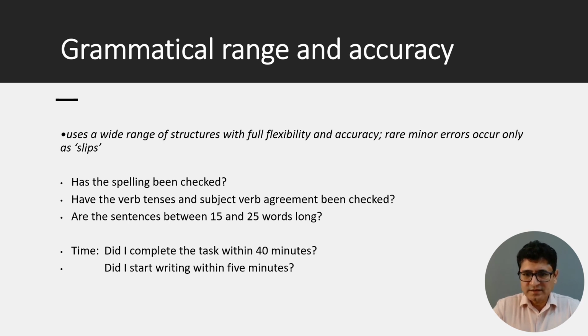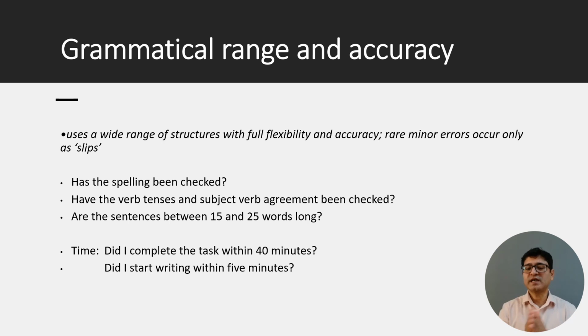Grammatical range and accuracy. The essay uses a wide range of structures with flexibility and accuracy. Rare minor errors occur only as slips. If you want to target band 9, that's the criteria, and your answers must be positive for these questions. Has the spelling been checked? Have the verb tenses and subject-verb agreement been checked? For example, for he, you write has, not have.